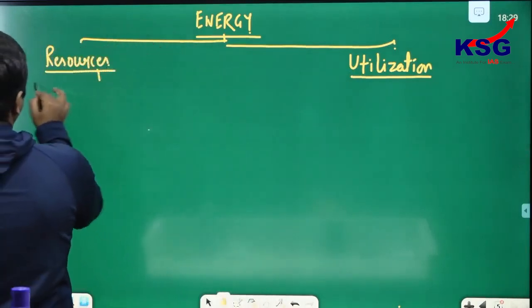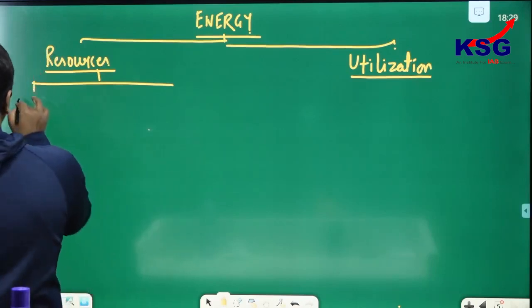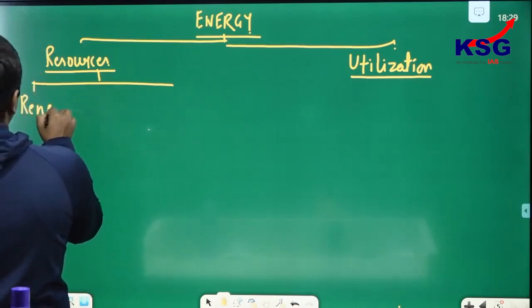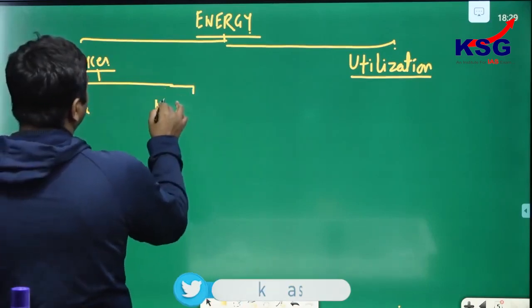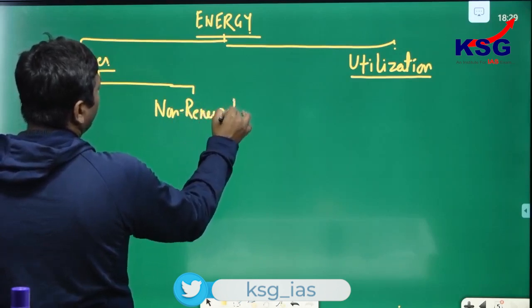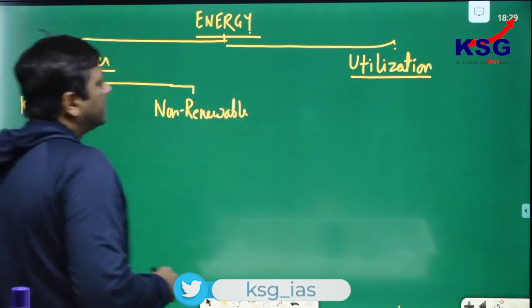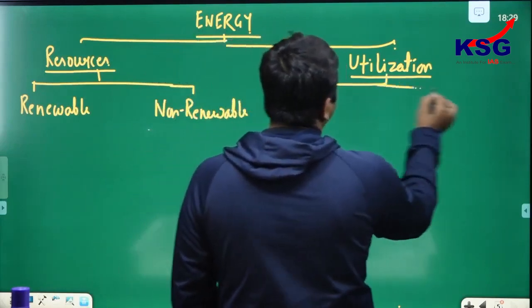What will come in resources? From school time books of class 6, 7 and NCERT, geography, biology, these names are mentioned there: renewable versus non-renewable. And on the basis of utilization: conventional versus non-conventional.